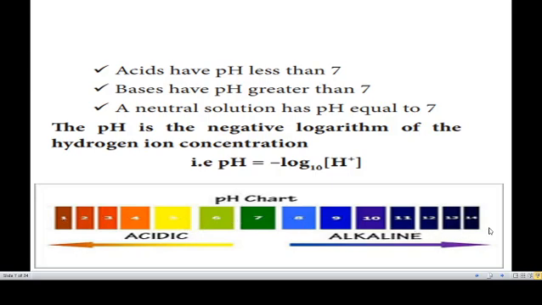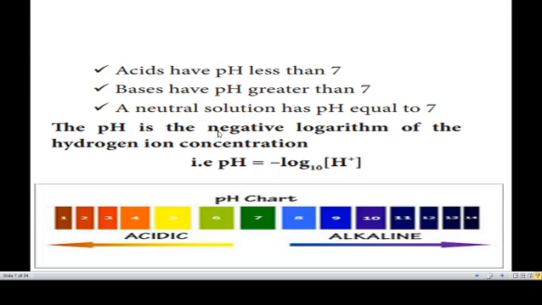This side is basic in nature, alkaline. Acids have a pH less than 7. Less than 7 is called acidic. Bases have pH greater than 7. Greater than 7, that is basic, that is an alkaline solution. A neutral solution has pH value 7.